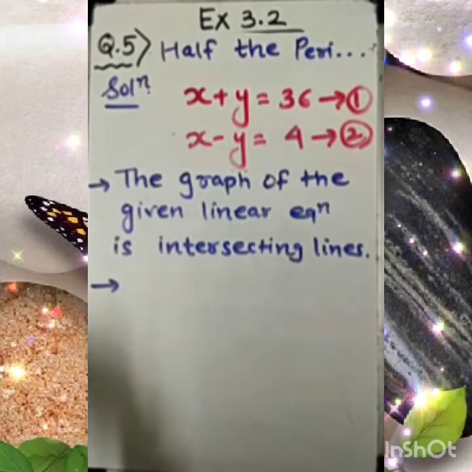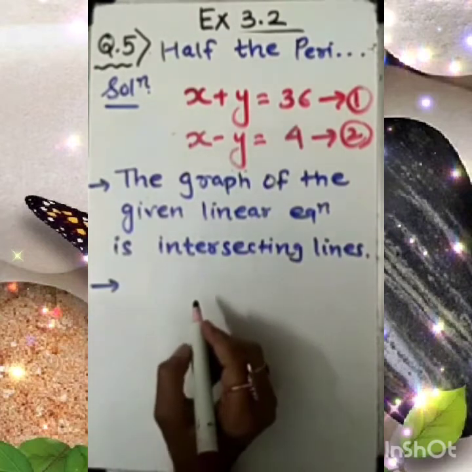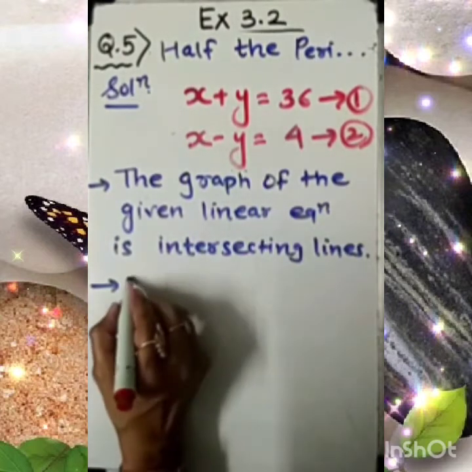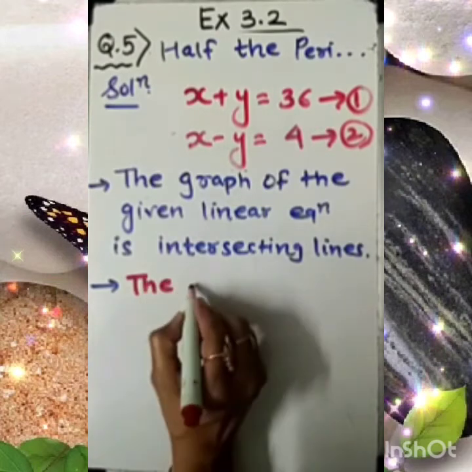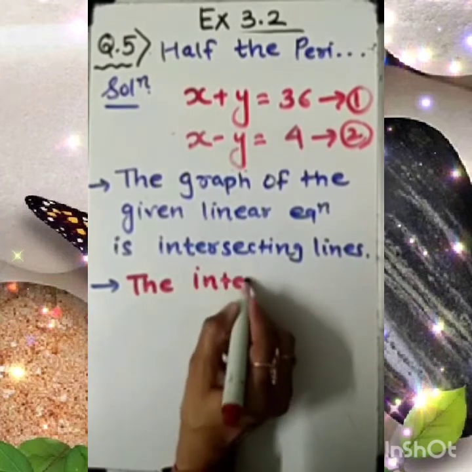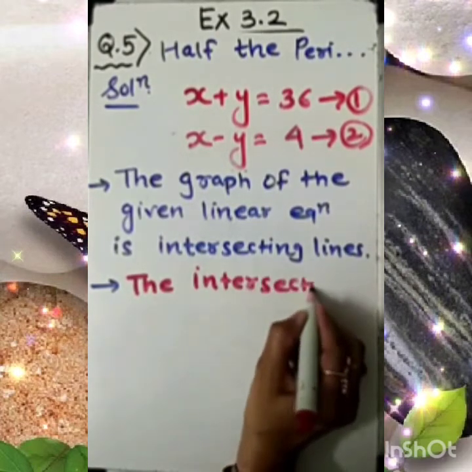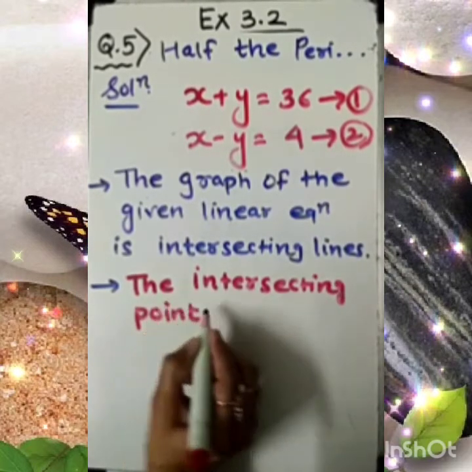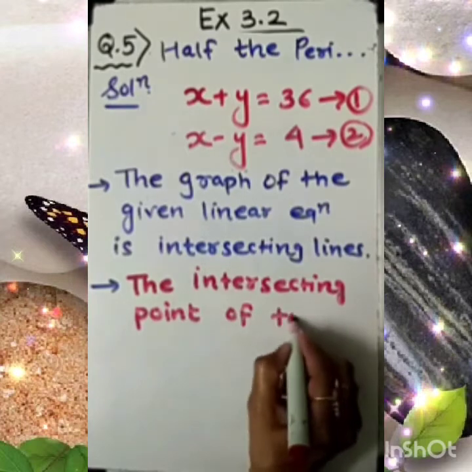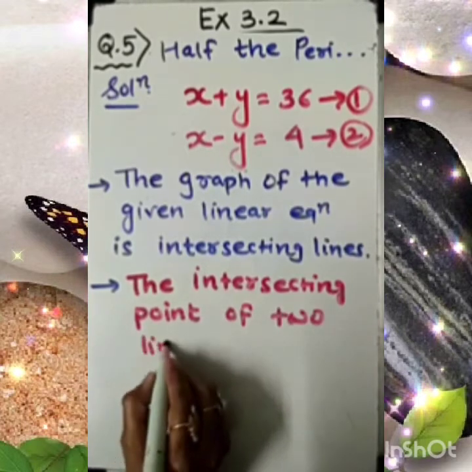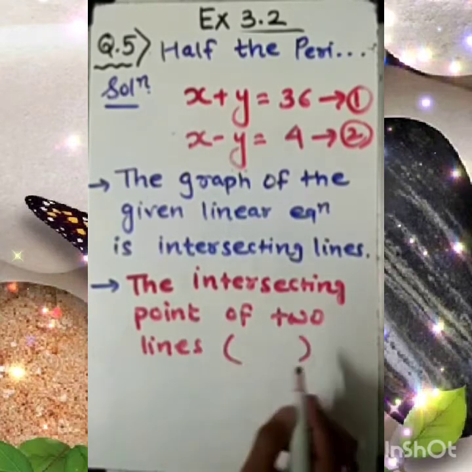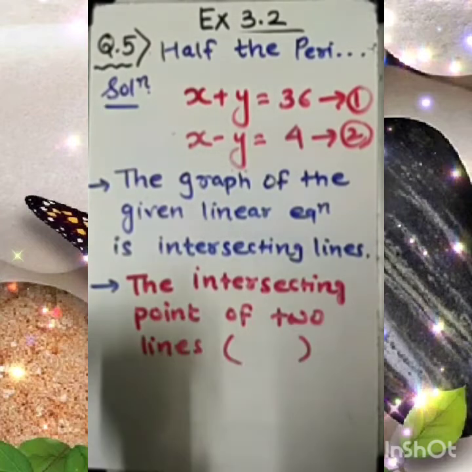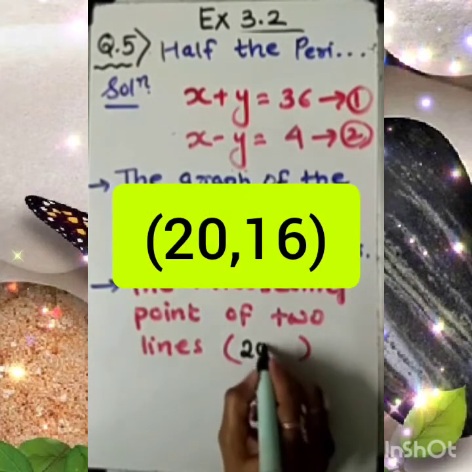What is the intersecting point? We need to mention the intersecting point of the two lines. That is 20, 16, right?